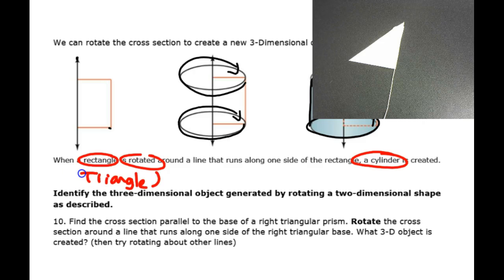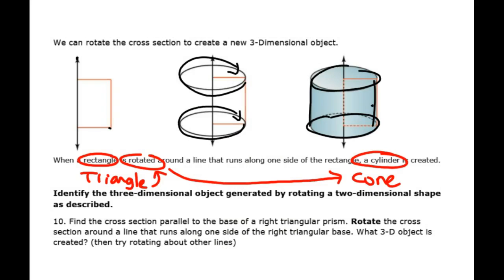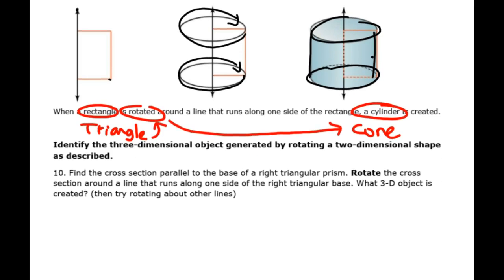If you take a triangle and you rotate it, you will get a, we just said, cone. Okay? Oh, the R looks funny, so triangle. A little better.